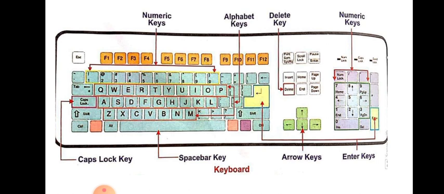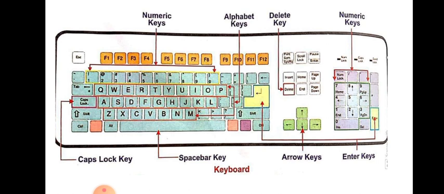Now, enter key. There are 2 enter keys on your keyboard. The enter key is used to bring the cursor to the next line of the monitor. Whenever you are typing, you can press this enter key to go to the next line.